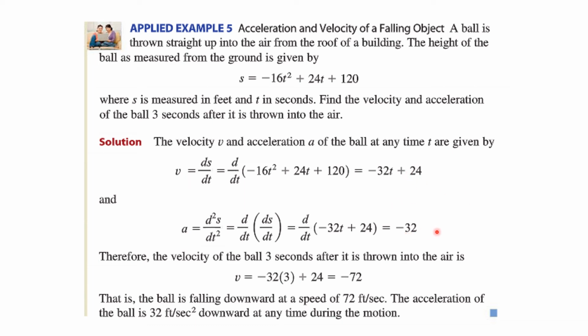That is the acceleration due to gravity. So when we plug in 3, we'll get that the velocity, plugging into this equation, is minus 72. That means I am going down. The acceleration is 32 feet per second squared, and that also is downward because it is minus 32.